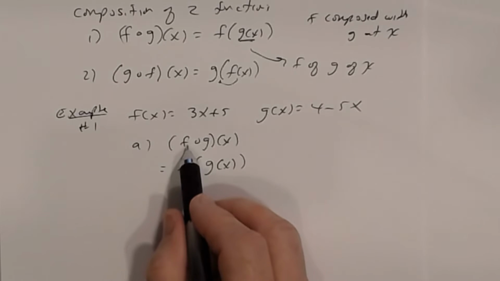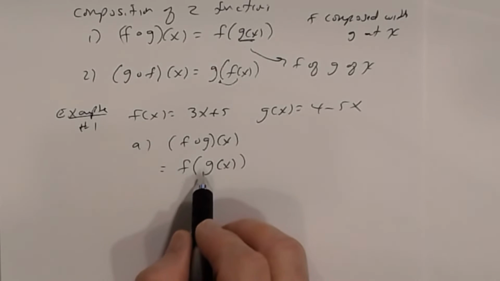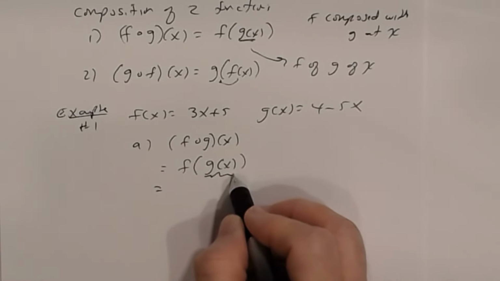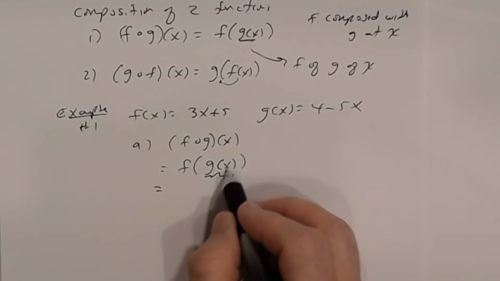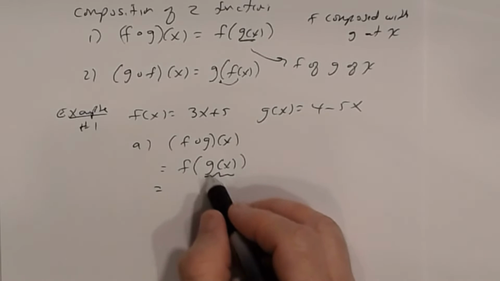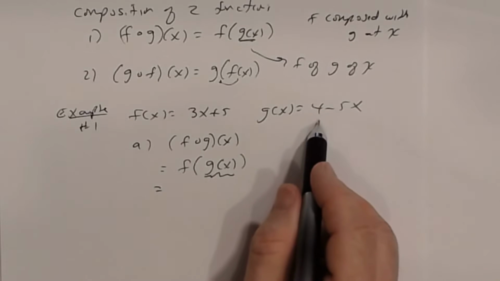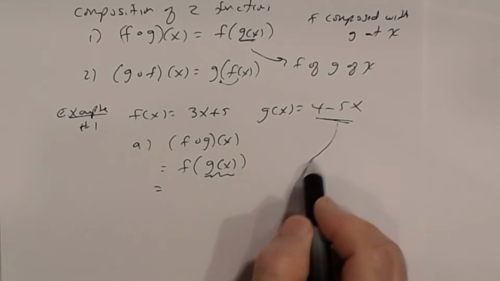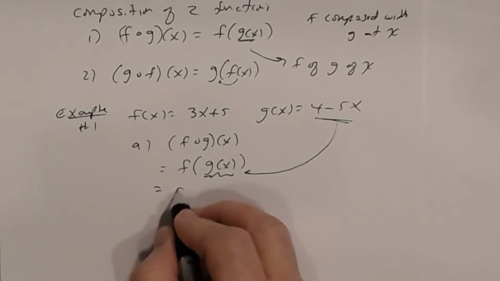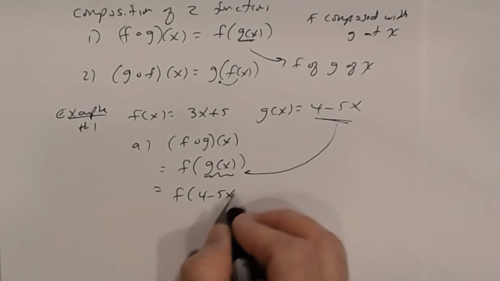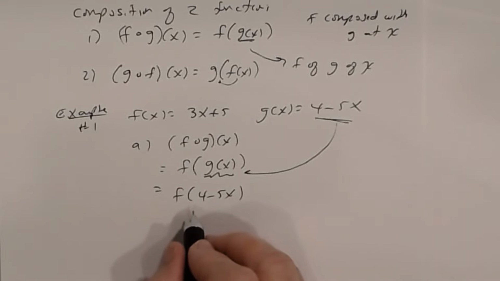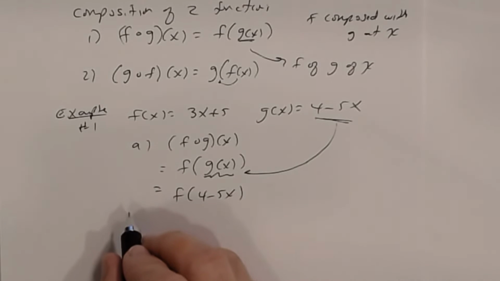Once you write the definition, here's the next thing you're going to do. Whatever you deal with, the inside first. The inside is g. Here's g right here. Put that here. So that becomes f of 4 minus 5x. And now this looks like something you've had a couple of weeks ago.